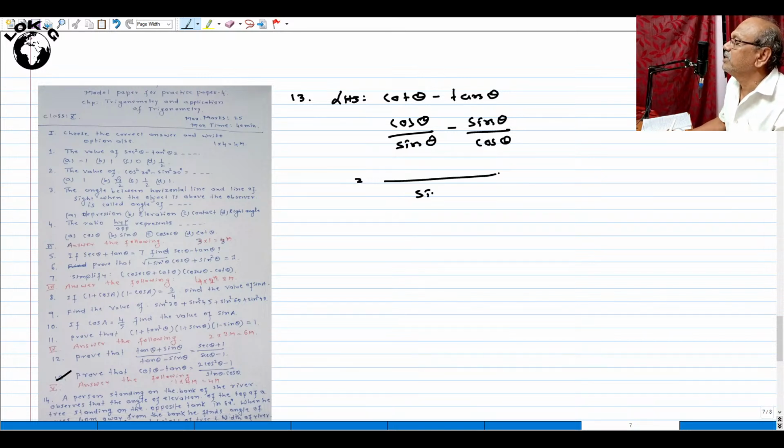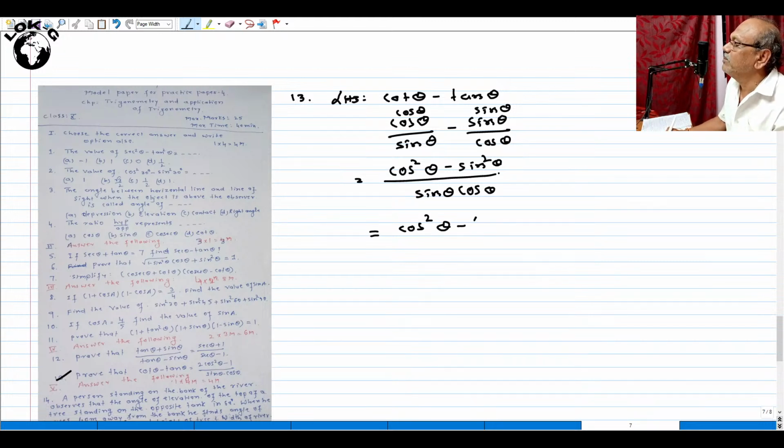What is the LCM here? You have sine theta into cos theta. Sine theta, you have to multiply here with cos theta, LCM, cos theta into sine theta. Observe. In the second step, you are writing cos square theta minus sine square theta. Now observe, in the numerator you need only cos theta, therefore use the identity you studied.